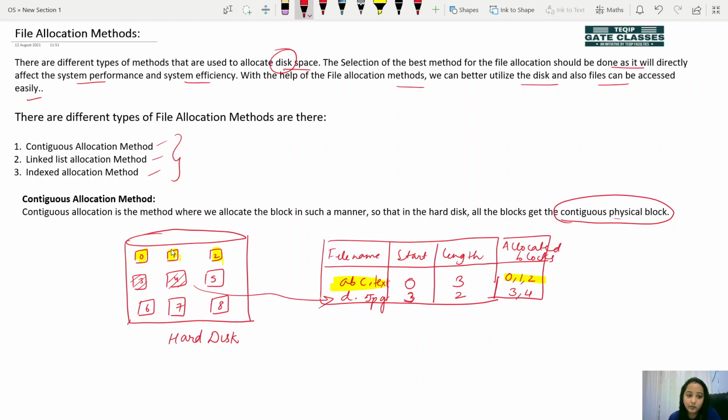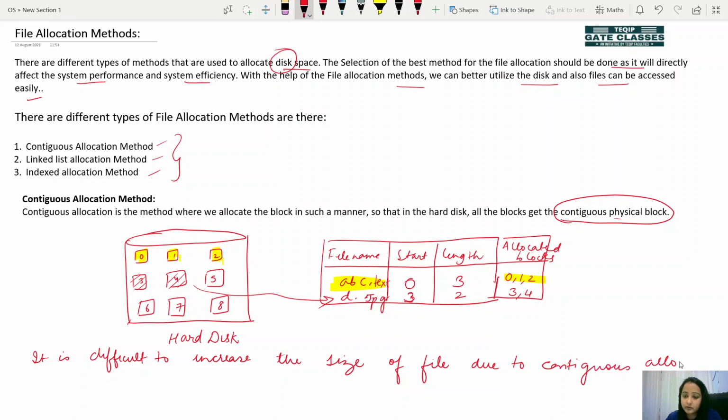But it has disadvantages: sometimes the disk can become fragmented, and it is difficult to increase the size of a file due to contiguous allocation.